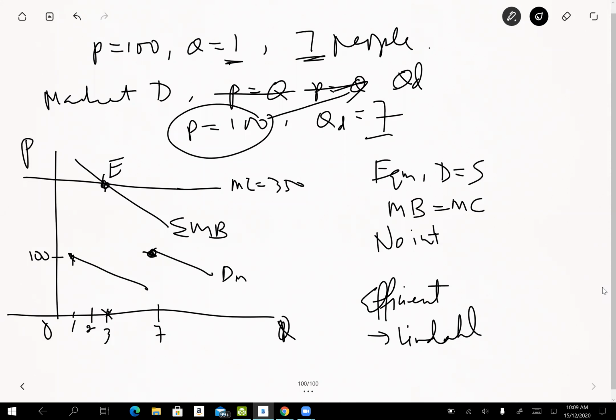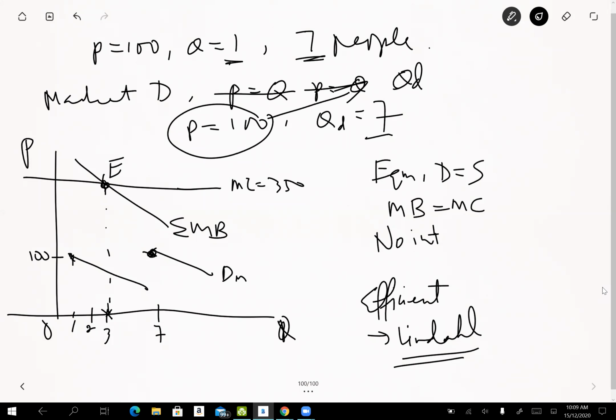Now, when you talk about the equilibrium, that is the Lindahl model, the voluntary contribution. So everybody will pay their marginal benefit, okay? So that is at 3. So the question is, what is the political equilibrium if each voter is assigned 50?